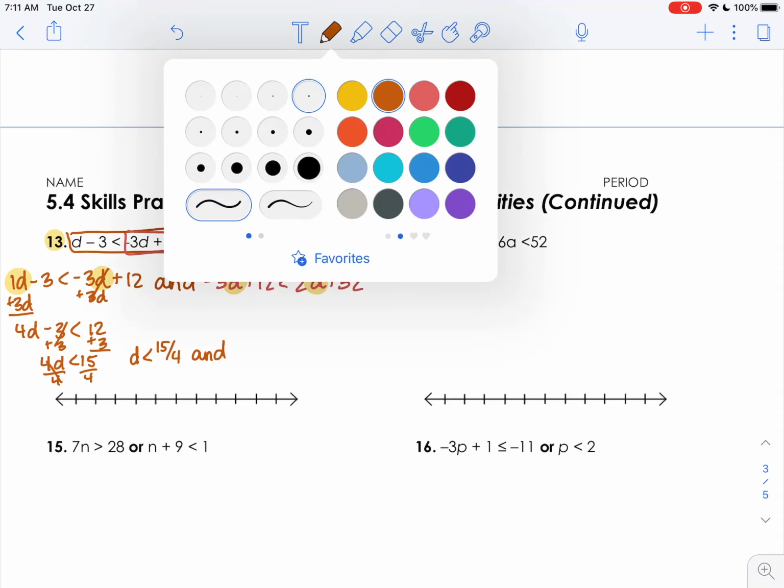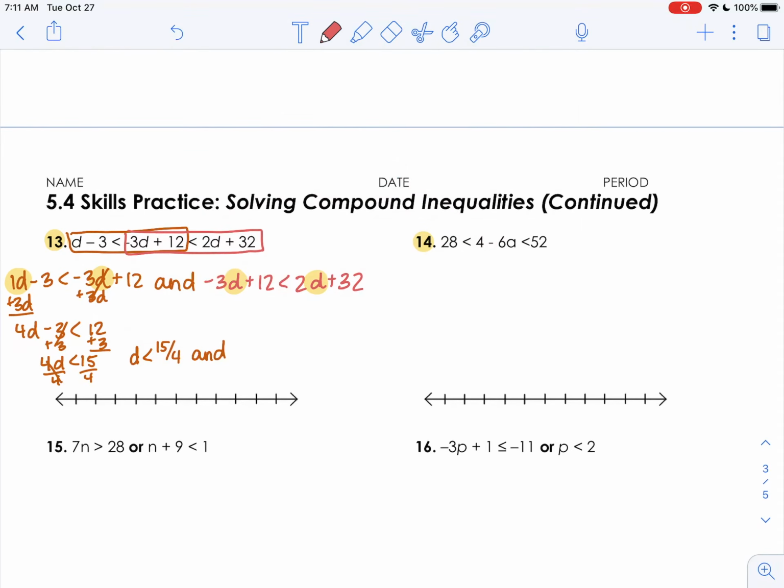And I'm going to go ahead and solve this other one. First I'm going to get my d's all together on the left. Negative 3d minus 2d is negative 5d plus 12 is less than 32. I'm going to subtract 12. And then I'm going to divide by negative 5.